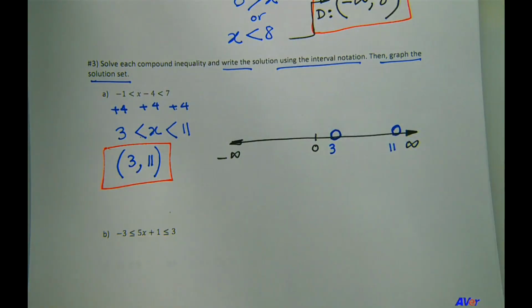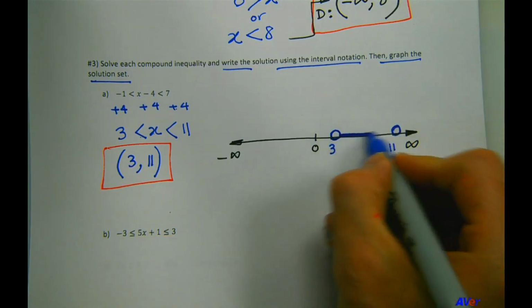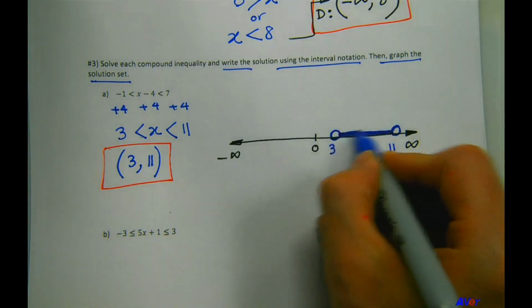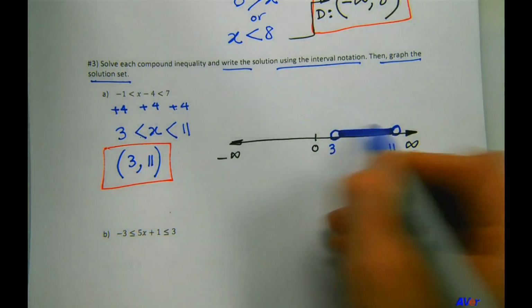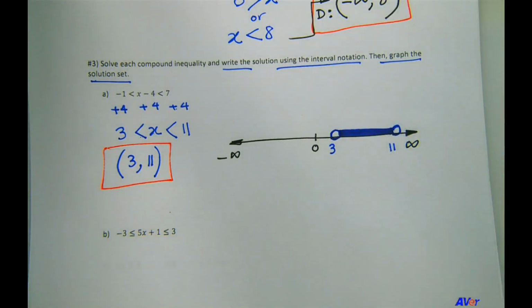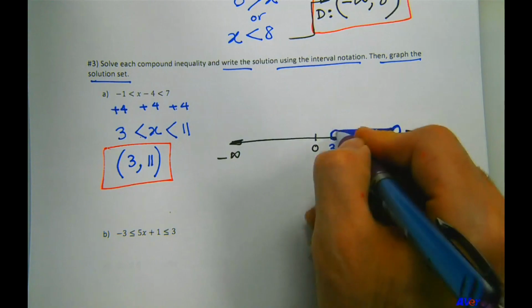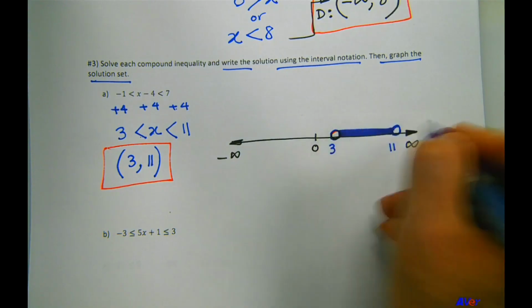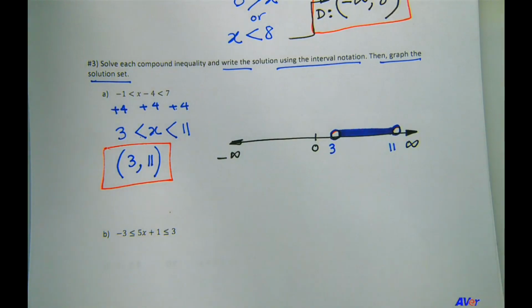Let me use my thicker marker for that. So anything in between 3 and 11 is the solution, but 3 and 11 themselves are not part of the solution. I hope this matches what you have after you solved it on your own.